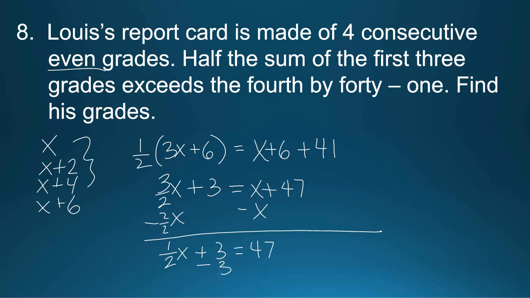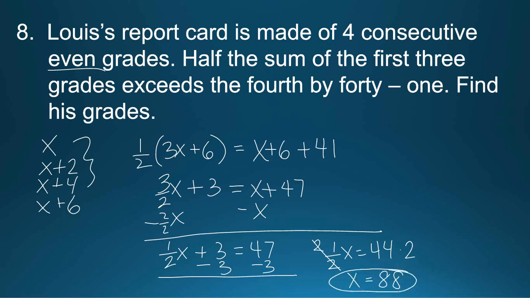Then I can subtract 3. So 1/2 x equals 44. And then I multiply by the reciprocal. So x equals 88. Since we're talking about grades, that seems like a pretty decent grade. So we now have 4 even grades, 88, 90, 92, and 94.